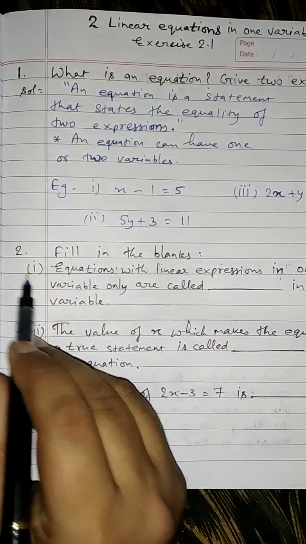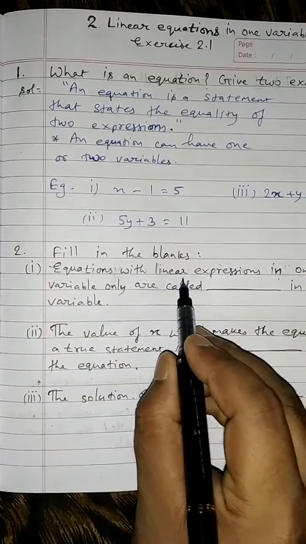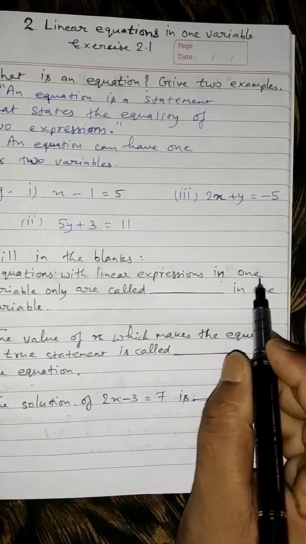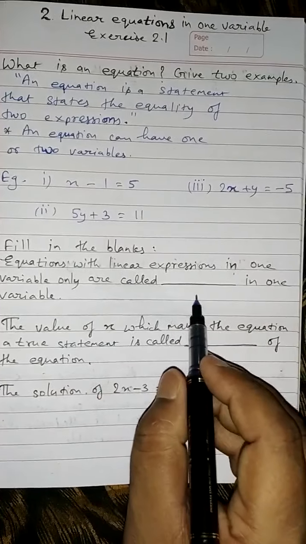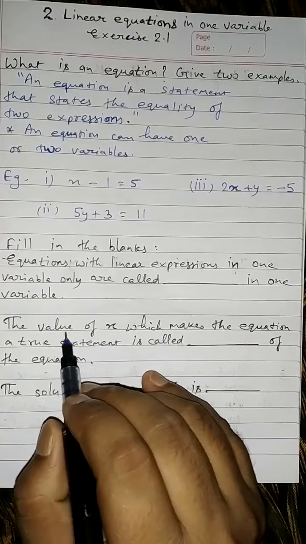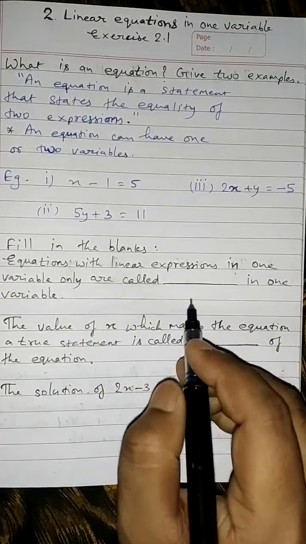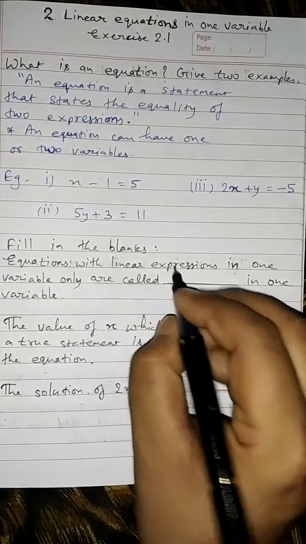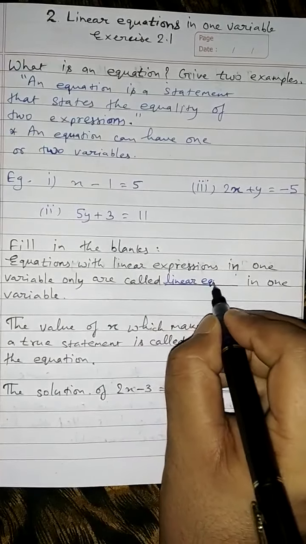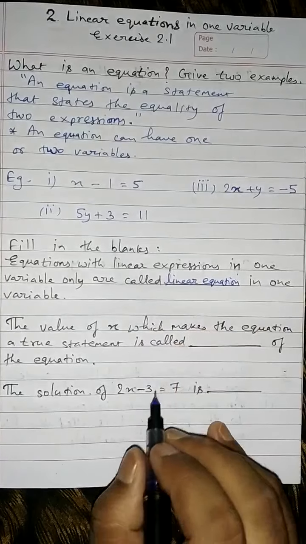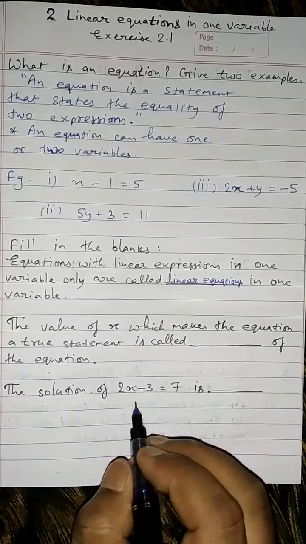Number 2, fill in the blanks. First part, equations with linear expressions in one variable only are called dash in one variable. So any expression having one variable is called linear equation in one variable. So we will write here linear equations in one variable.